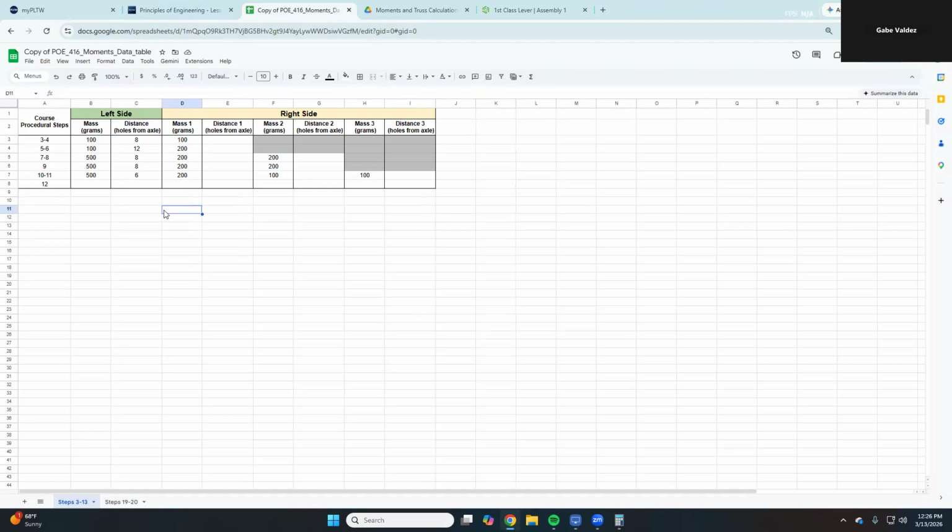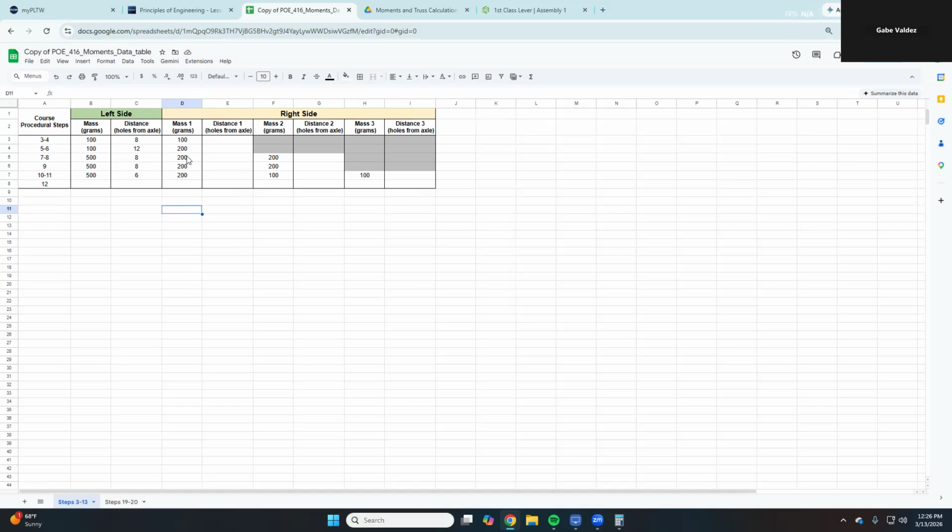So we know that for moment in the metric system, the units are Newton meters, right? Force in newtons times distance in meters, or in the imperial system, it'd be pounds, inches, or pounds, feet.